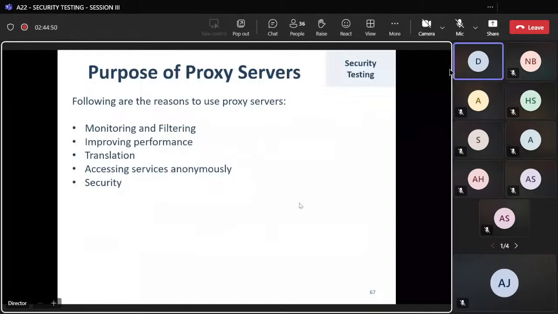The main purpose of proxy servers is to monitor and filter the traffic, improve performance, help in translation of the required services, and also serve security purposes.